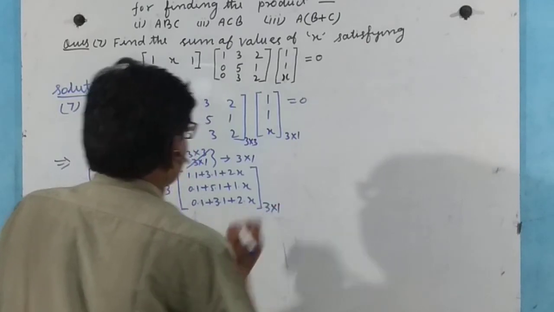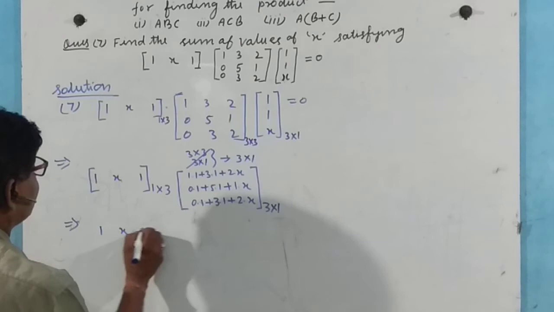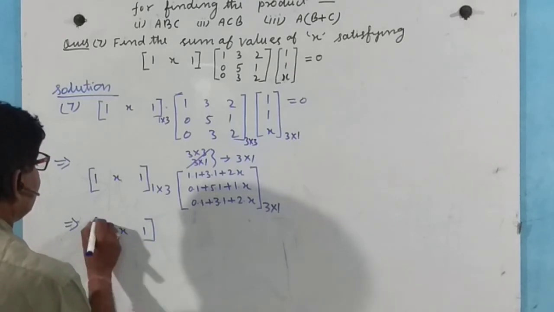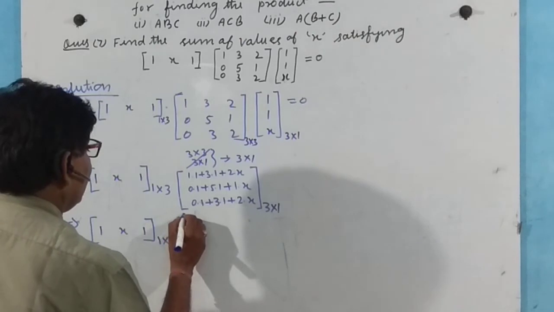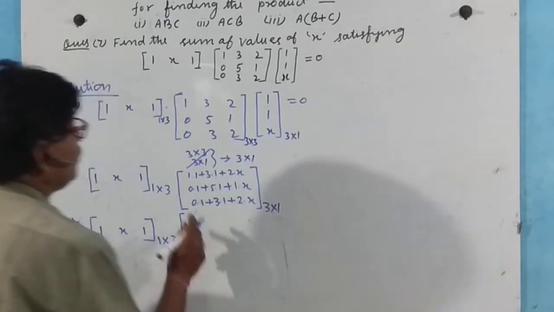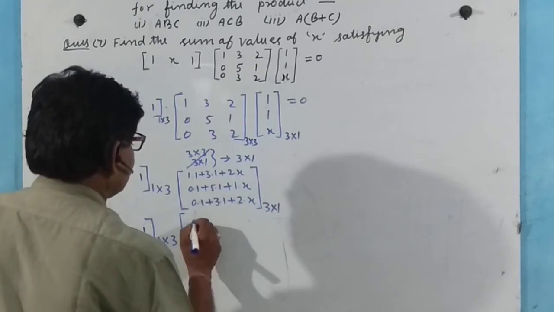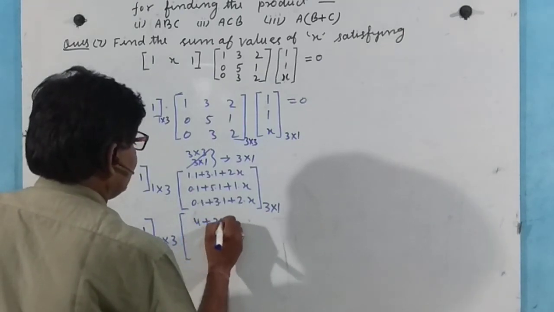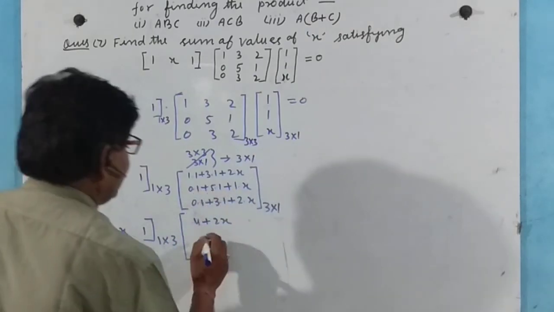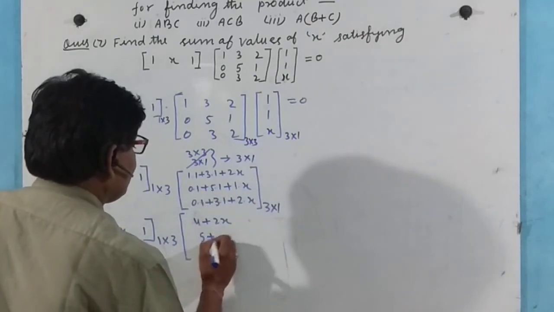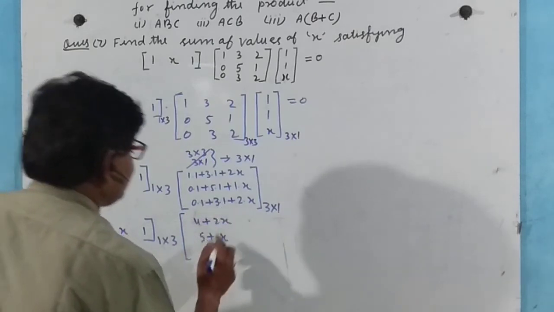Now [1 x 1] is 1 cross 3, and this is 3 cross 1. This is 4 plus 2x, this is 5 plus x, this is 3 plus 2x.